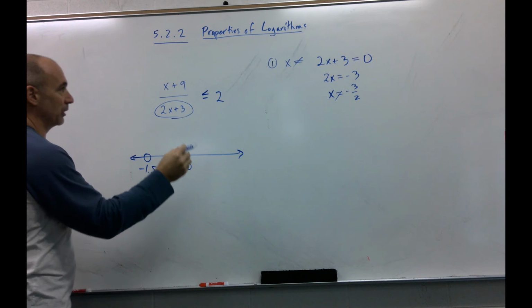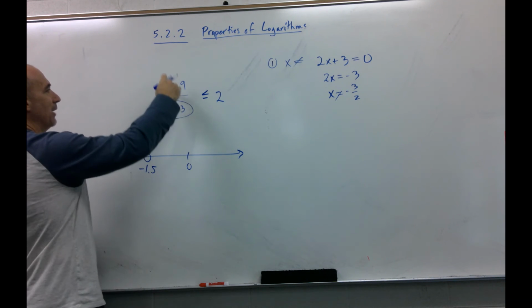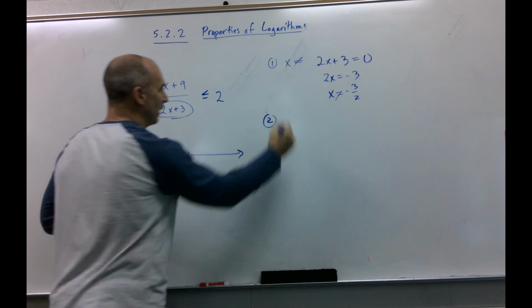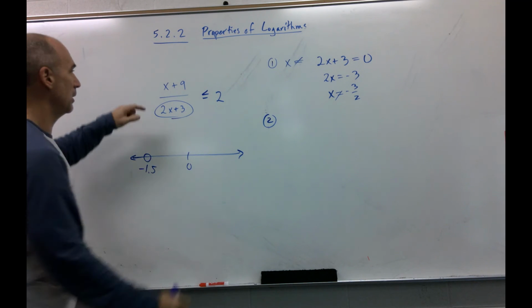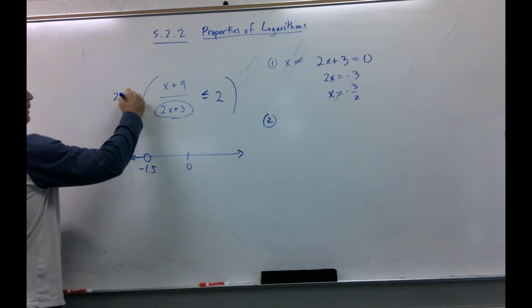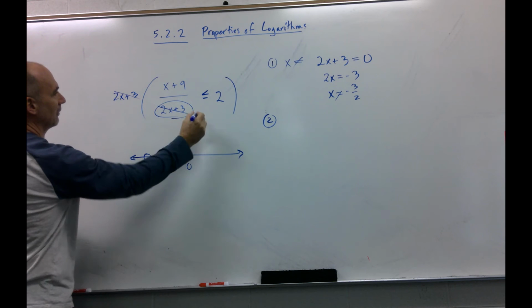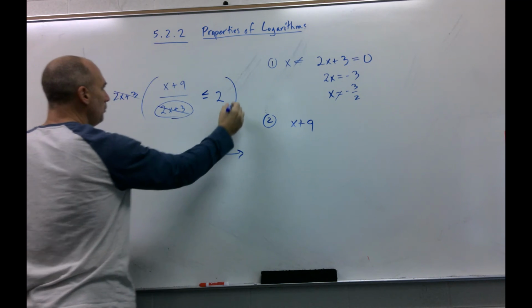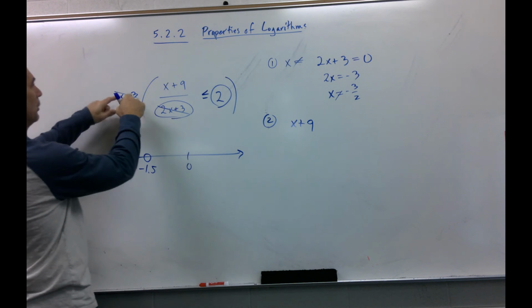Now, we're going to find out exactly what value for x is a threshold value. I don't think I used that word the first time I taught it, but we're just going to actually solve now by multiplying by 2x plus 3. It's going to cancel on that side. So I get x plus 9, but I got to multiply this through here as well.